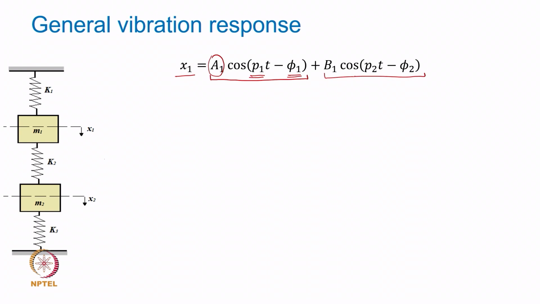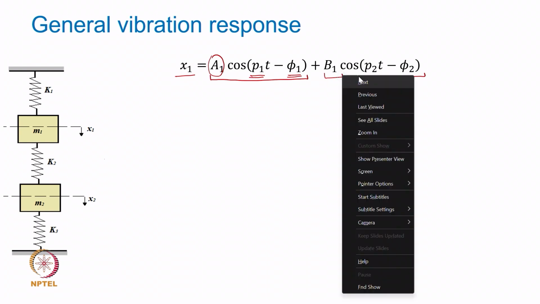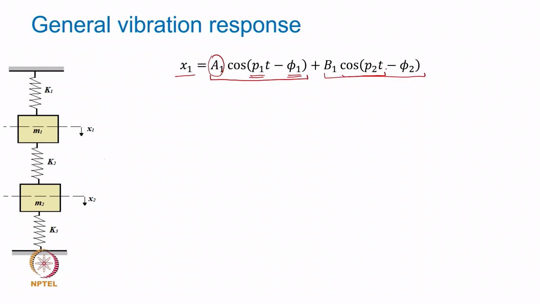Similarly, a contribution will come from the second mode. So, P2 appears, and the amplitude for the second harmonic as B1 appears here. We do not know how much B1 will be, and then of course, as a general response we also add the phase phi 2 to the second part of the solution. So, x1 gets contribution from the first mode as well as from the second mode. Okay.